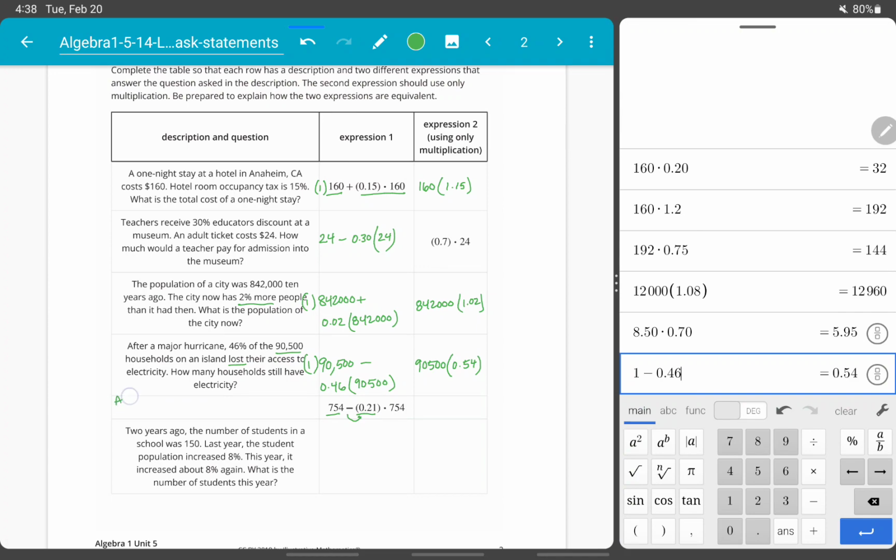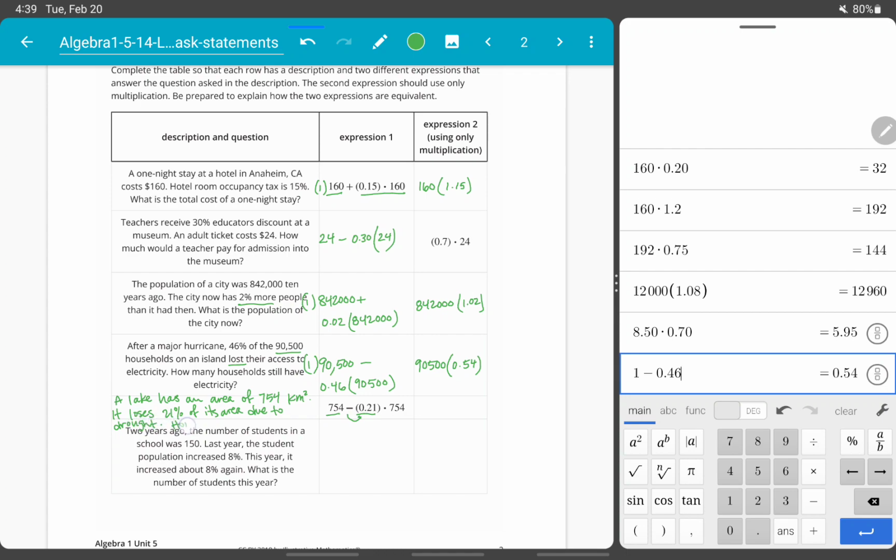A lake has an area of 754 kilometers squared. It loses 21% of its area due to drought.